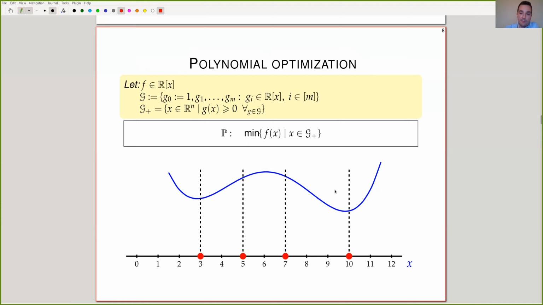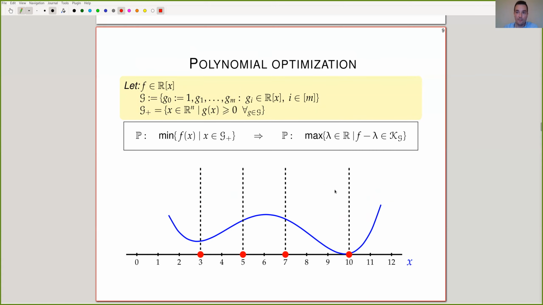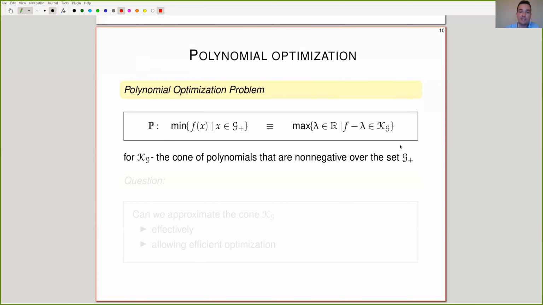So the minimum is maybe somewhere here for x equal 10. And actually this minimum is equal to the amount of units I can push my function f of x down such that it stays non-negative over this feasibility set, in this case, these red dots. So we get the following formulation. So now, instead of minimizing f of x, I would like to maximize the real lambda such that f minus lambda stays non-negative over the feasibility set, and this KG is nothing else than the cone of polynomials that are non-negative over the set G plus.